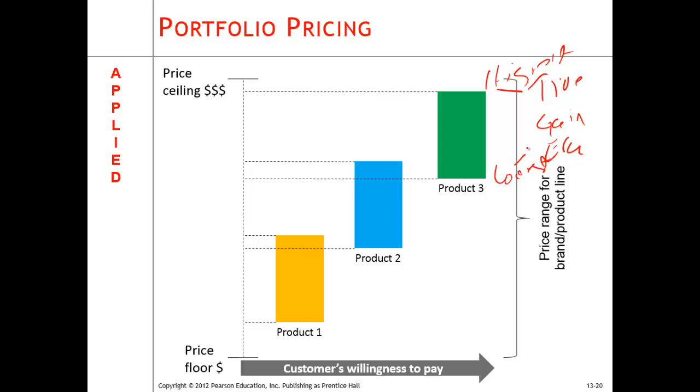This example of low, middle, high is an example of portfolio pricing. In portfolio pricing strategies, companies need to be aware of the brand strategy they are trying to create and price products accordingly.